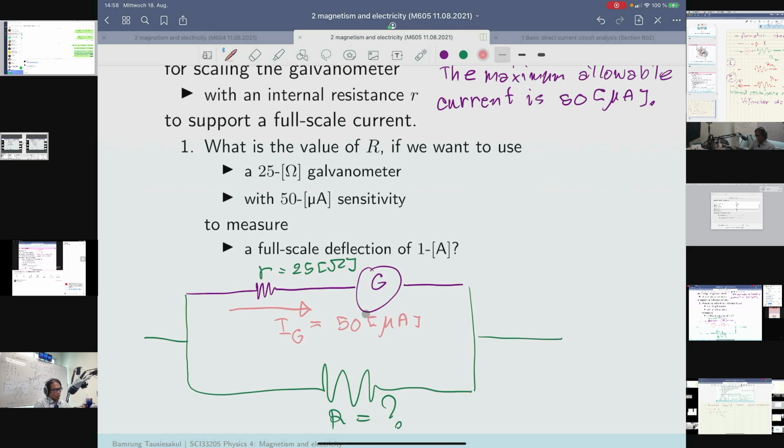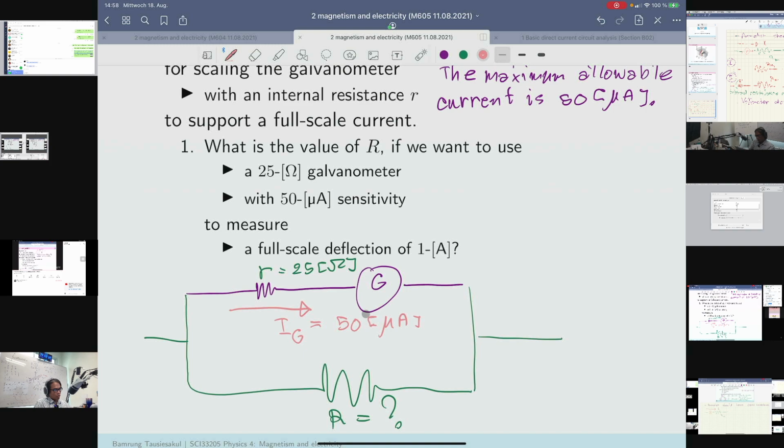If you let the current flow like 60 microampere, this device, the galvanometer, is going to be broken. And what else? We may assume that here is the current I, and the total current can flow like this, I total, and the current flowing here is going to be IG, and the current that goes down will be the capital I.